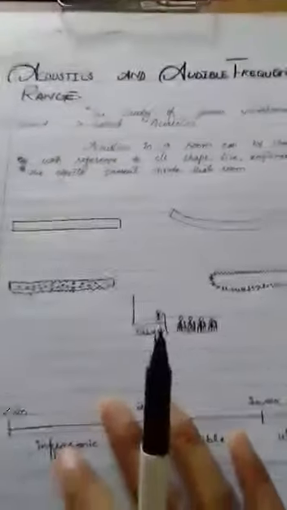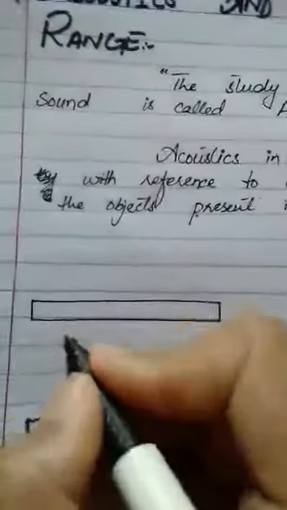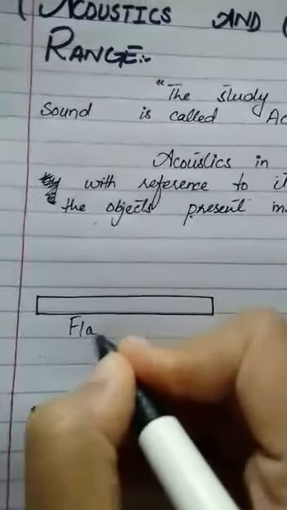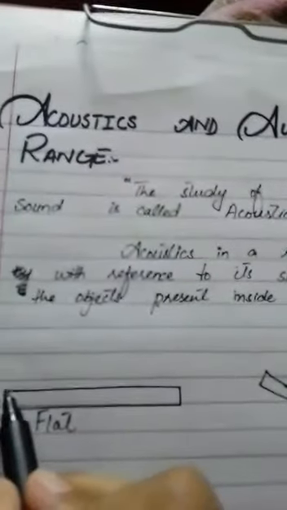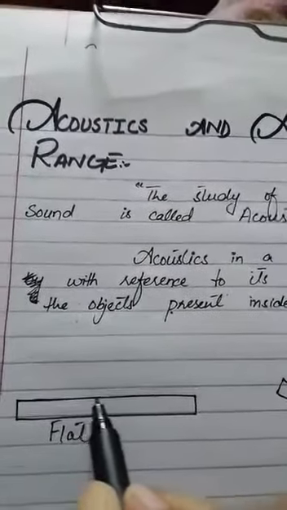Let's consider four types of materials which have an effect on any sound wave. First, flat surfaces. These surfaces don't have any disturbance on their layers.